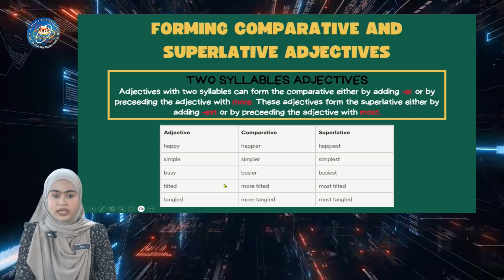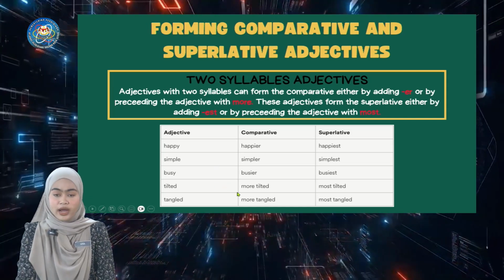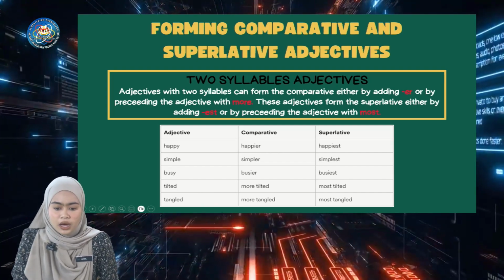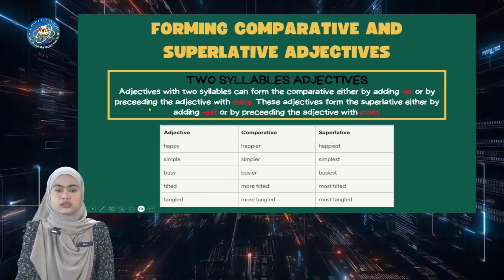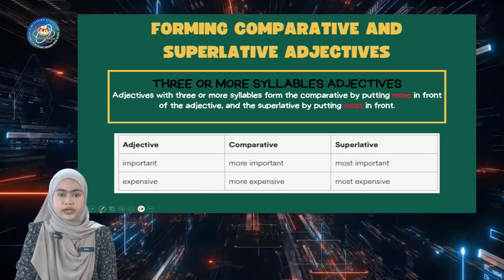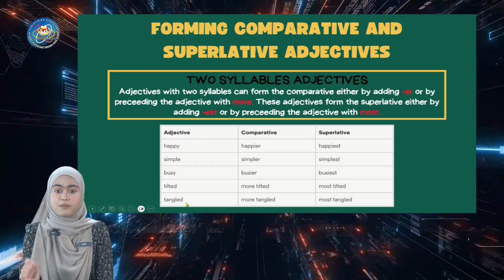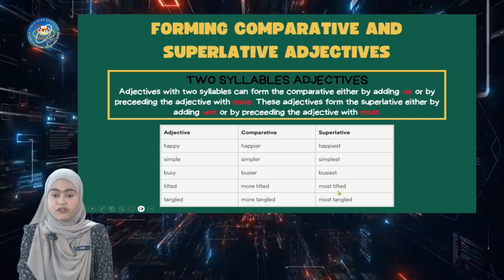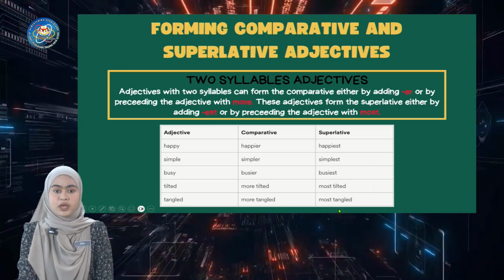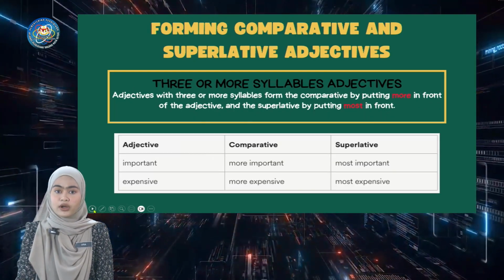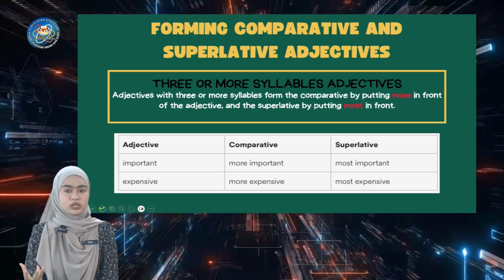And for the words where we need to add more for the comparative, for example, and for the superlative we need to add most. Alright, how about words with more than two syllables, three or more syllables?